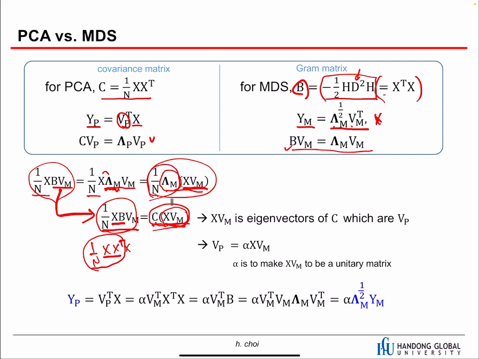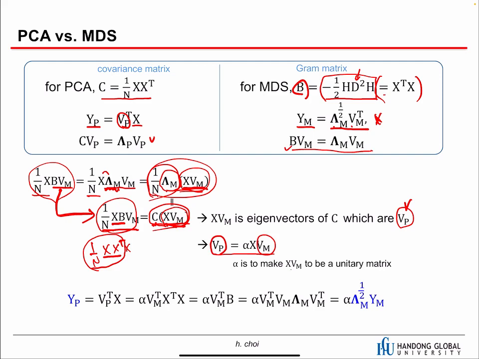This one is the eigenvalue of the covariance matrix, and X v_m is the eigenvector of the covariance matrix. The eigenvectors of the covariance matrix are actually v_p. So we have v_p, and X v_m is an eigenvector too. So v_p is proportional to X v_m. We have a connection here between v_p and v_m.